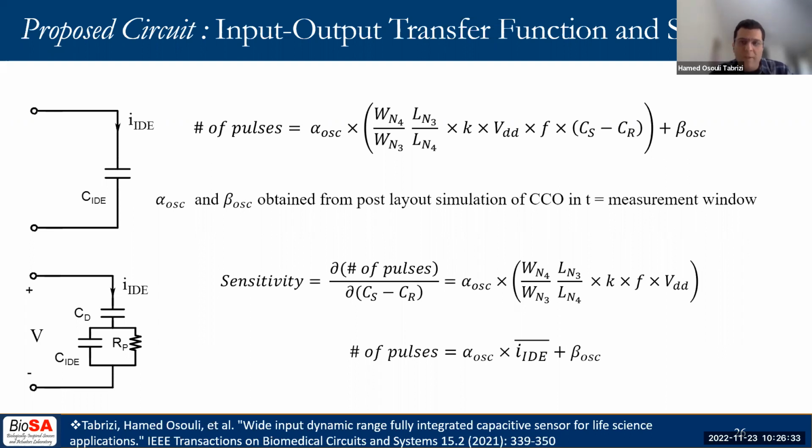Then we can derive the equation for sensitivity. The sensitivity of the entire system is calculated by differentiating the output over change in the input differential capacitance. This gives us the parameters that play a role in the sensitivity, given in this equation.